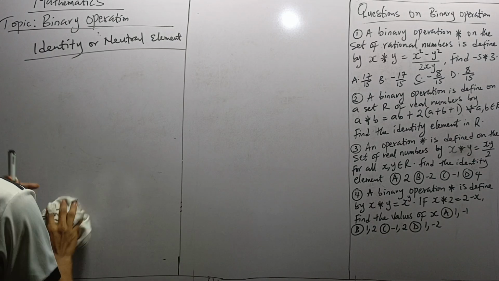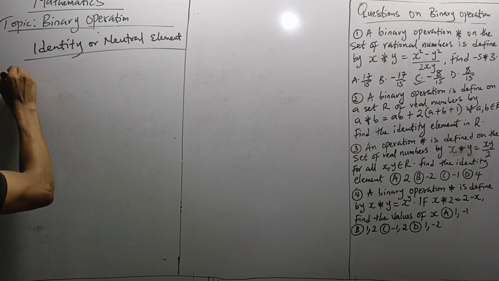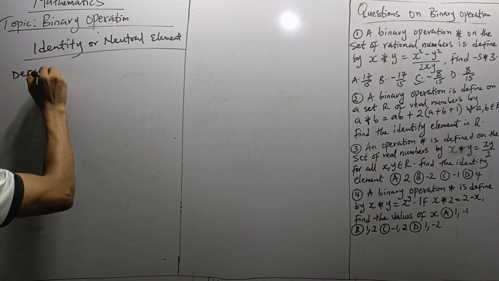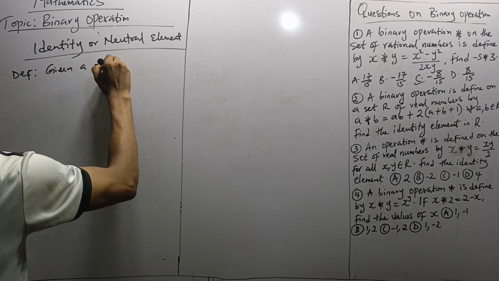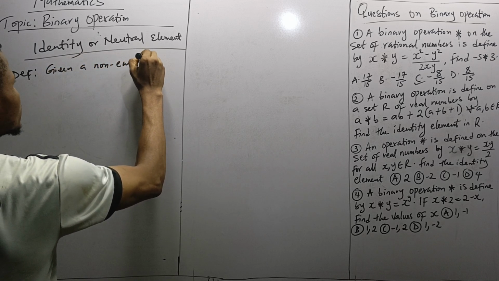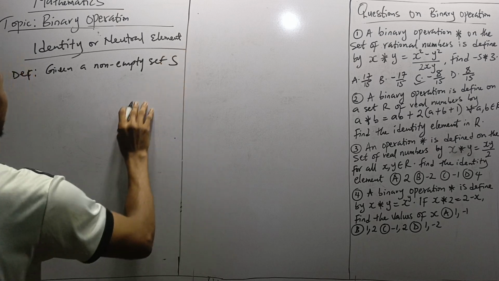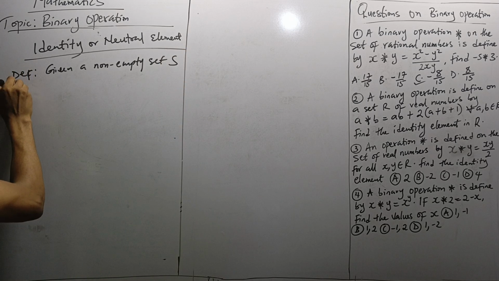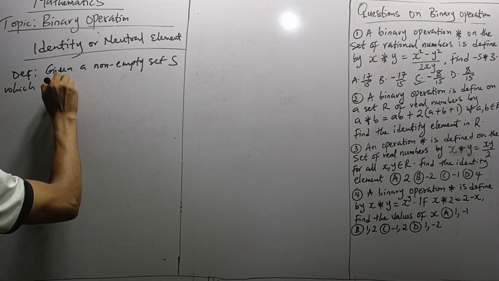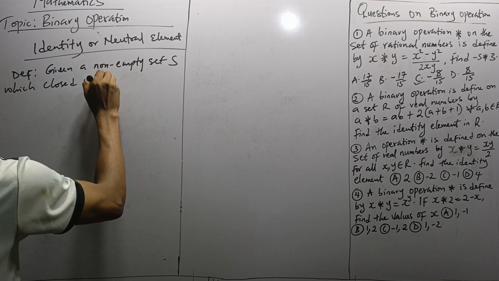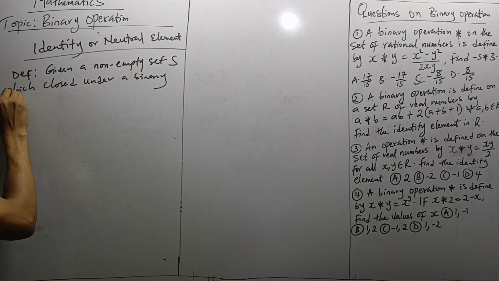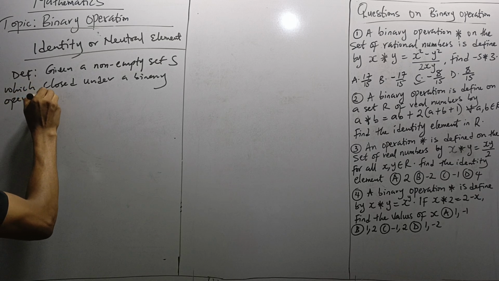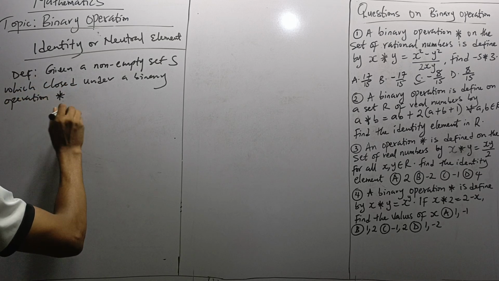So let's define it. Given a non-empty set X, which is closed under a binary operation, asterisk.